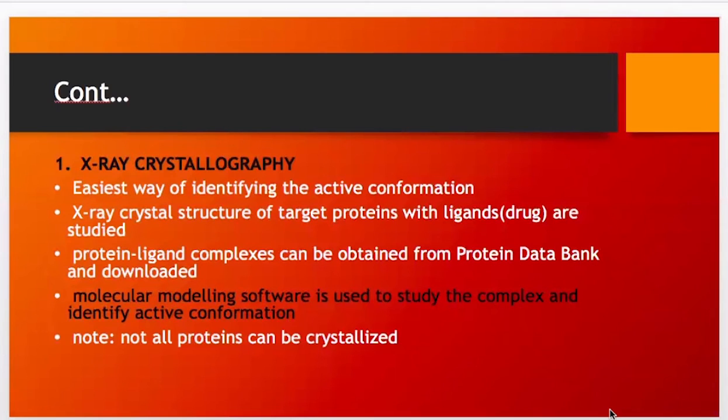After you've done energy minimization or molecular dynamics software, you have these different conformations of your structure B. You compare which of them is similar to that of compound A in the database in terms of conformation, and that's how you pick which of your 10 conformations of structure B is the active one. So that's X-ray crystallography.